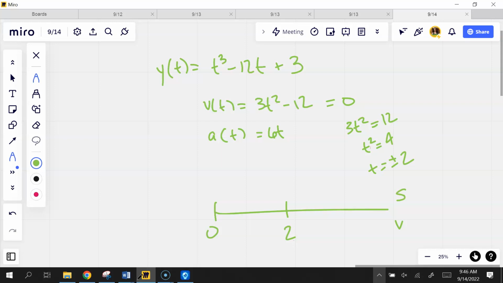From 0 to 2, if I plug 1 into the velocity equation, 3 minus 12 is definitely a negative number. And then if I plug in 3, I get 27 minus 12, which is a positive number. So I'm moving down from 0 to 2, and I'm moving up from 2 to whatever. I think you're going to 3 on this.